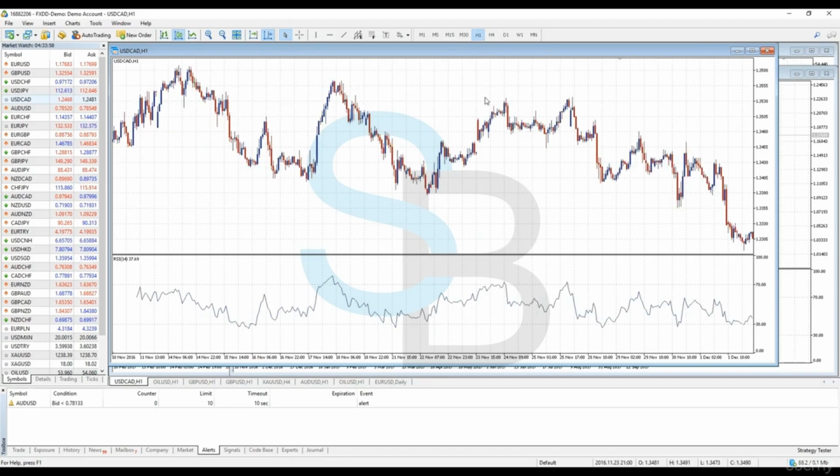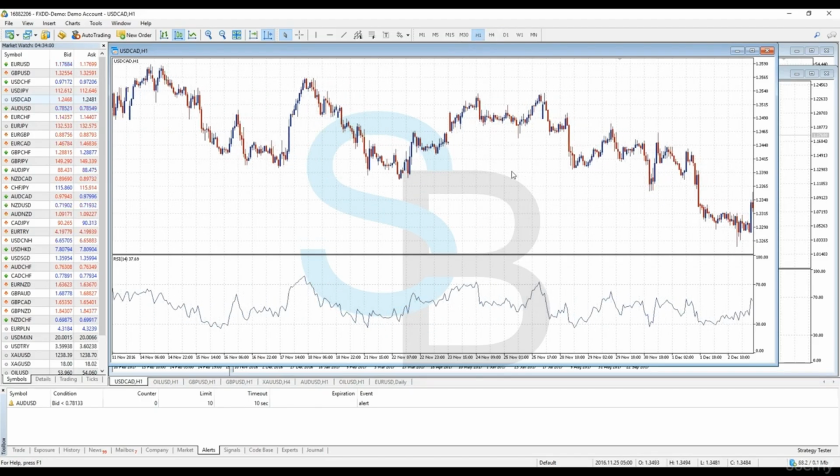Also, I just want to go down to a smaller time frame as well, just to explain how sometimes when we have these levels of support or resistance, there's ranges within ranges. So this could be considered a declining channel, but also within this channel we have a mid channel.